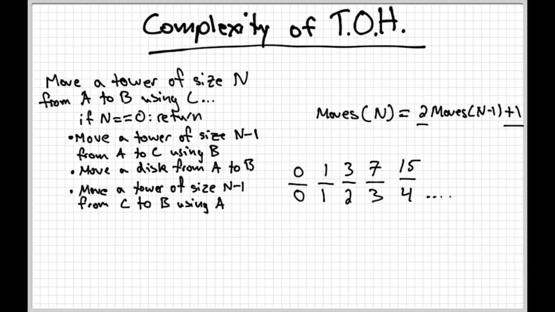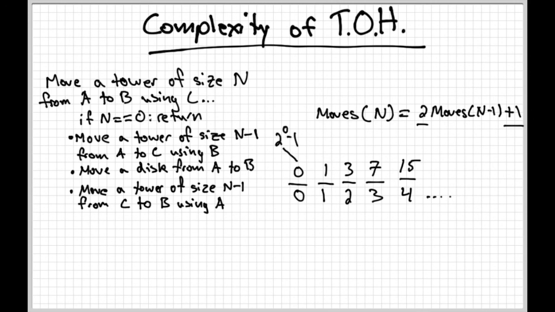So this is growing pretty quickly. Each time we add a disk, we more than double the number of moves that are required. It's pretty close to doubling. Hopefully you're starting to see there's this exponential growth happening here where we're multiplying by 2 each time, essentially. So you've got 2 being raised to a power that is increasing each time you add a disk.